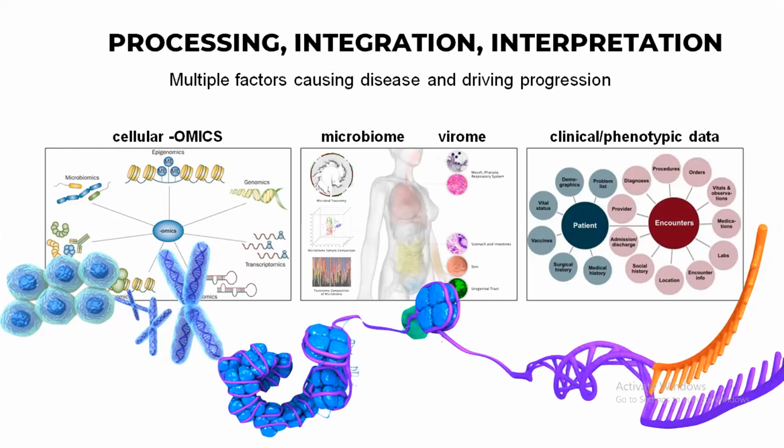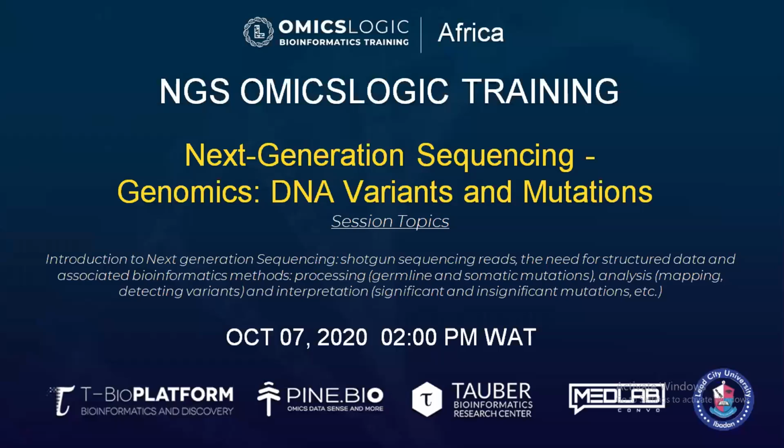The next session will be dedicated to next generation sequencing genomics, where we will study DNA variants and mutations. In this session, we will focus on an introduction to next generation sequencing, the structure of the data, and associated bioinformatics methods.